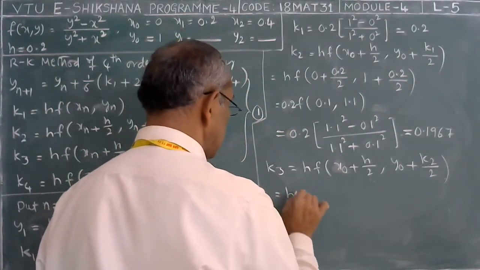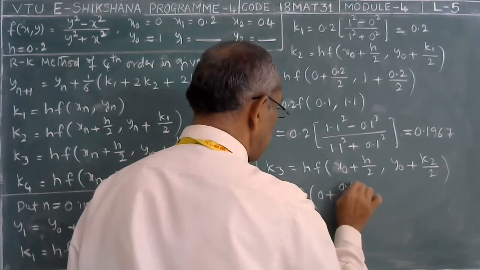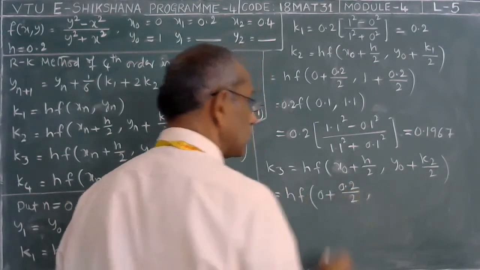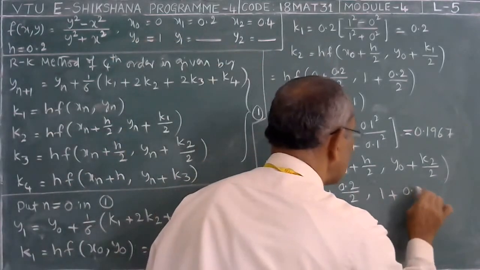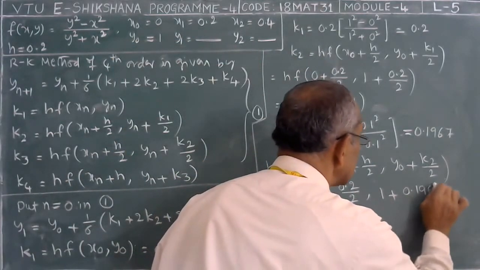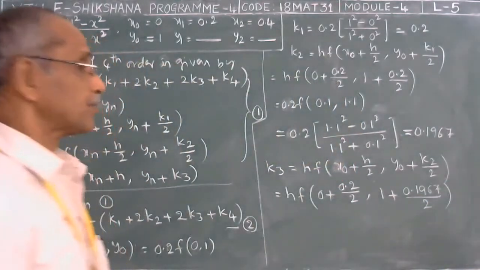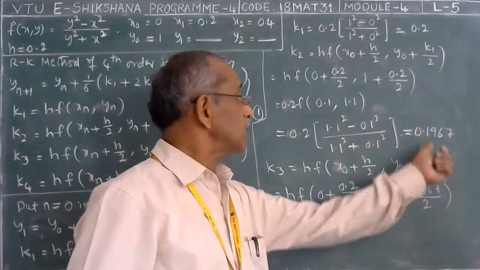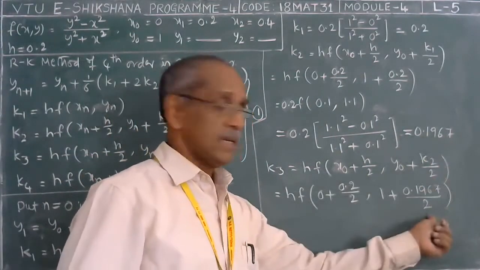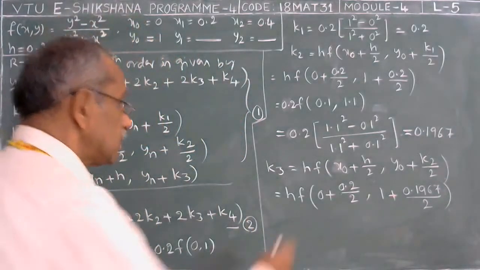This is h into f of x0 is 0 plus 0.2 divided by 2, comma, y0 is 1 plus k2 by 2, where k2 is 0.1967. Substitute: y0 is 1, k2 is 0.1967 divided by 2. Okay, so now you simplify this one.